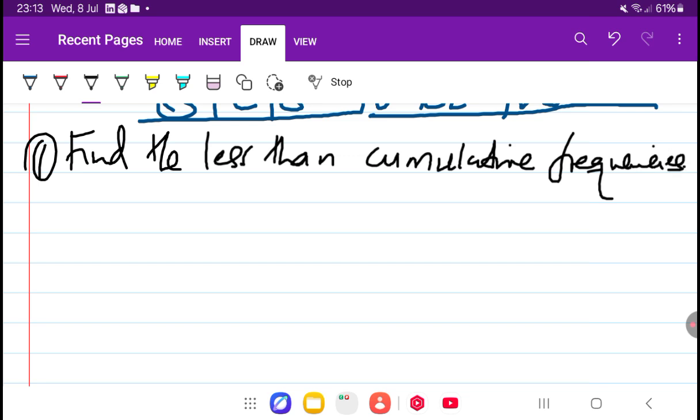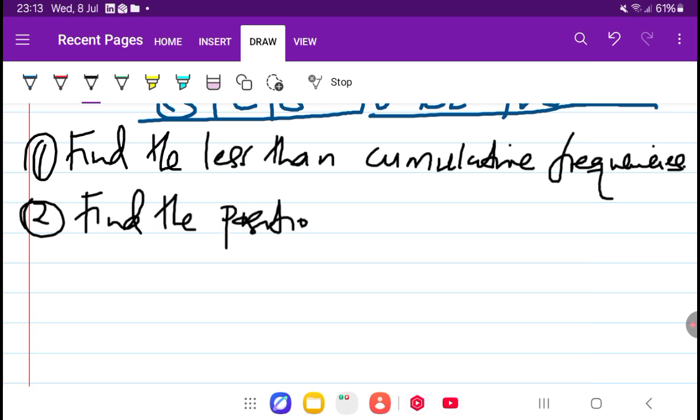You find the less than cumulative frequencies. Then the second step is for us to find the position of the median value.